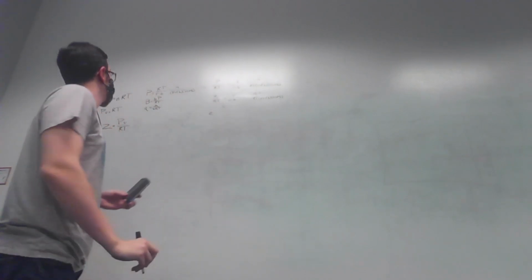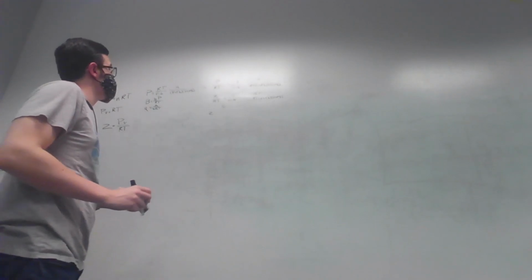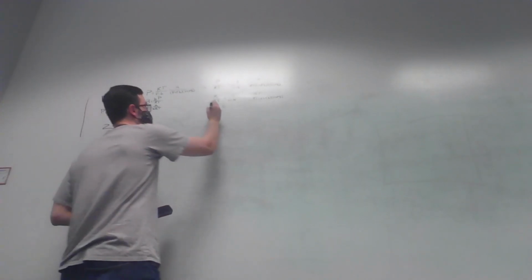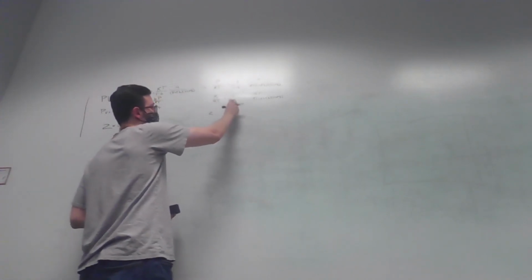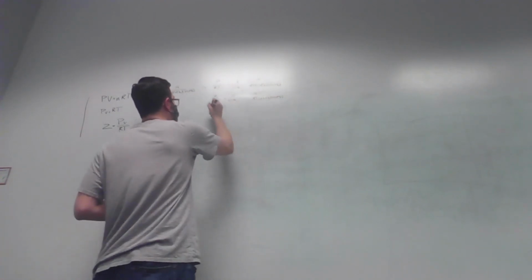Now what? We want to start getting q and B. Remember, look, we have V here, V here, V here, V here. We can start canceling things out.